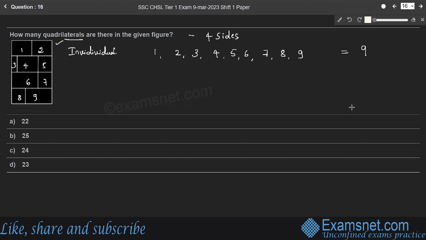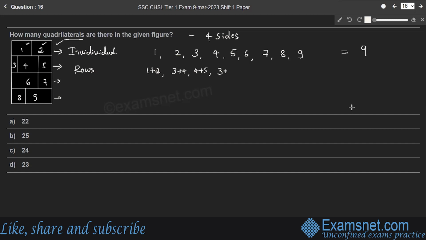So let us consider rows. There are 4 rows in the given figure. Consider the first row. If you combine the first and second quadrilateral, you will get a rectangle. A rectangle is again a quadrilateral which has 4 sides. Combine 3 and 4, next 4 plus 5, and you will get a rectangle.